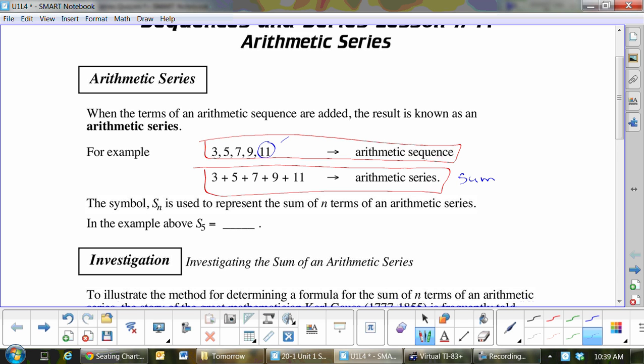This is what I would call T5. This would be S5. In fact, I can still call this T5. S5 is all of them. T5 is just the one. Okay?